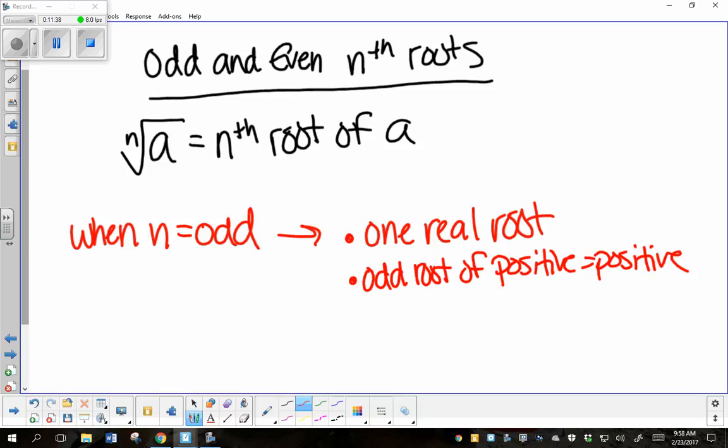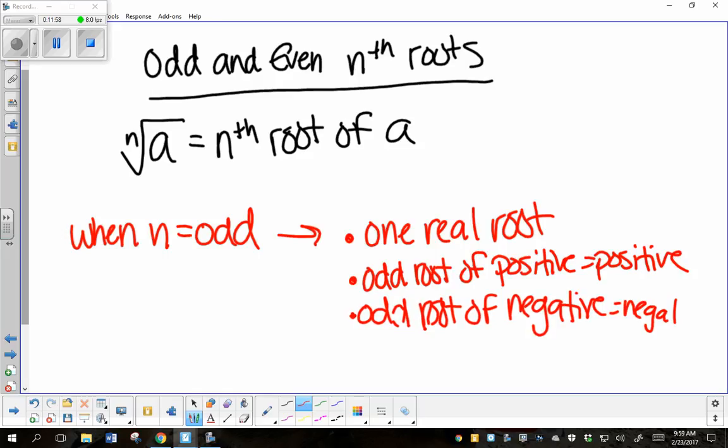Like if we take the cube root of positive 27, we get positive 3. If you took the fifth root of positive 27, you'd get a positive number for your answer. And if you take the odd root of a negative, you get a negative. Like the cube root of negative 27, you get negative 3 as your answer. You get a positive answer if your radicand is positive, and you get negative if it's negative.